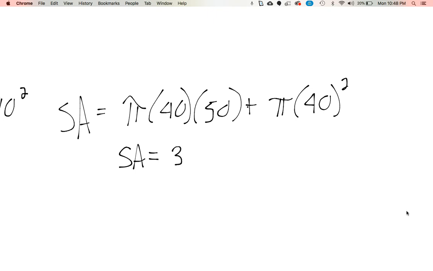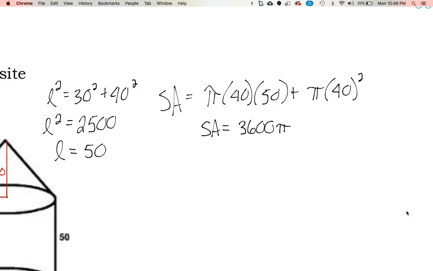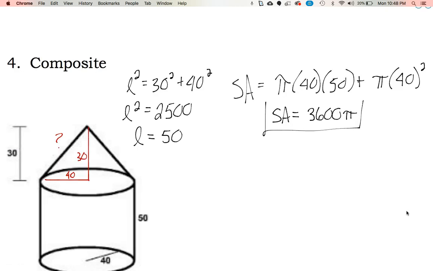That's 3,600 pi. I'm actually going to leave it just like that. So this is the cone.